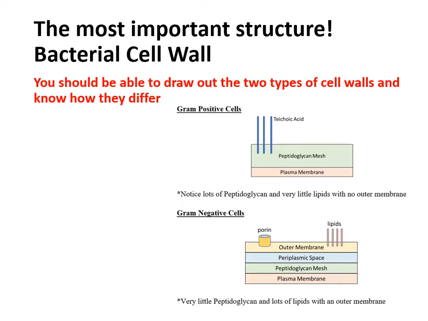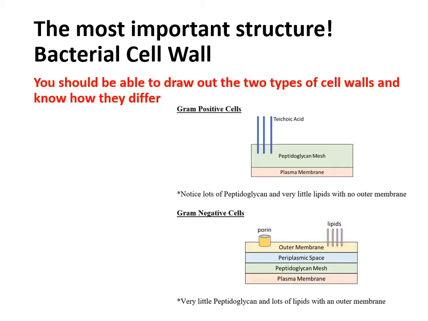Which one would it be harder to get antibiotics or drugs into? Gram-negatives, right? So put a little star over here and write that gram-negatives are not as sensitive to antibiotics and drugs because they have these extra layers and very selective porins. So gram-negatives are more resistant and tougher to treat, whereas gram-positives are more sensitive to antibiotics.